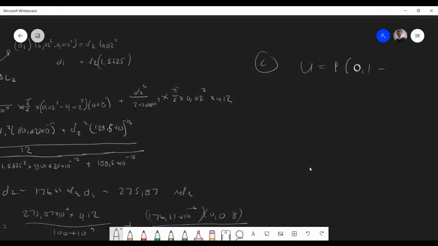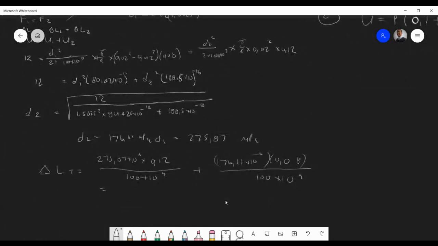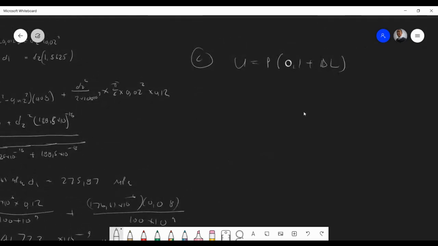This is h, plus your change in length, sorry, which you got there. So let me just work out the change in length quickly. And I get 4.723 times 10 to the negative 4 meters. So I can just plug that change in there.